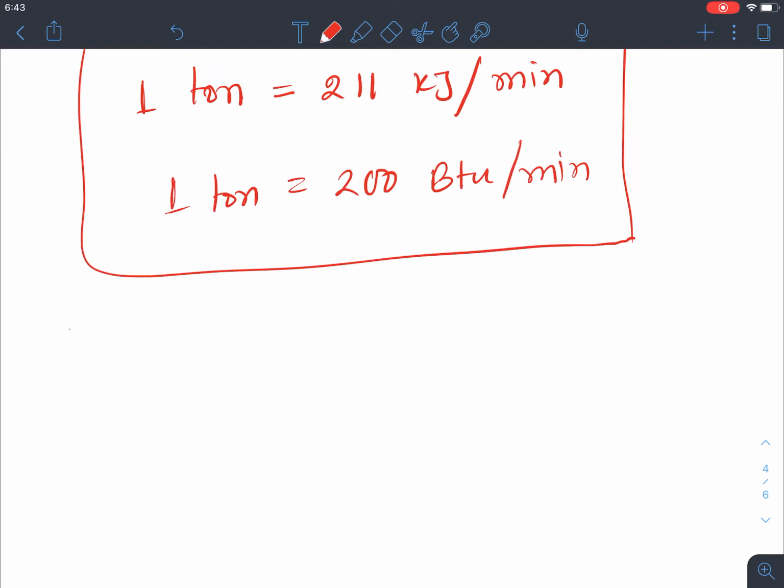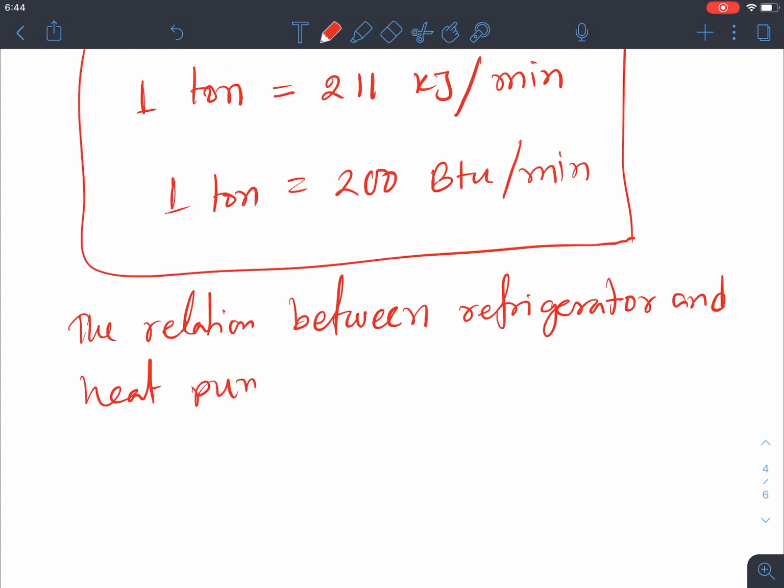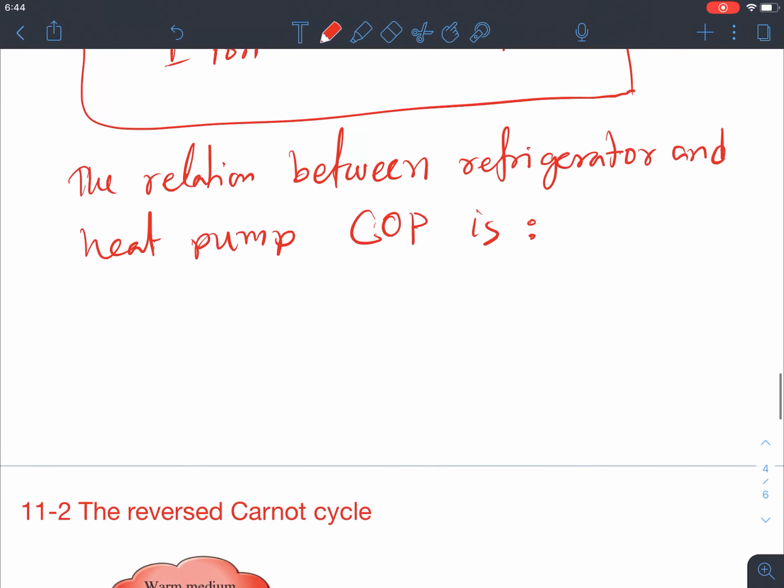The relation between the refrigerator and heat pump COP is basically COP of heat pump equals COP of refrigerator plus 1.